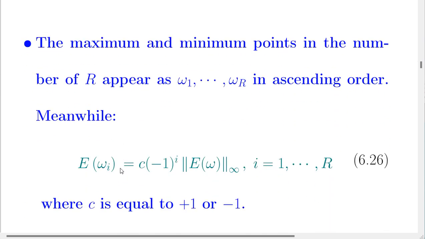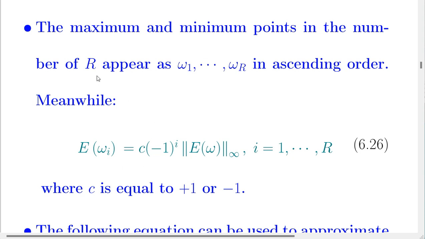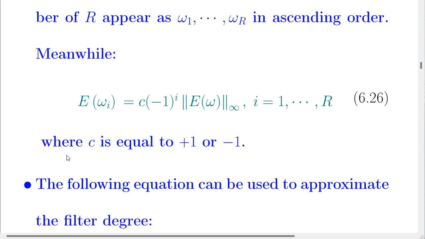Okay? The maximum and minimum points, R in number, appear as omega 1 up to omega R in ascending order. Meanwhile, the error at omega i will be C times minus 1 to the power of i, times the norm of E, where C is equal to plus 1 or minus 1.